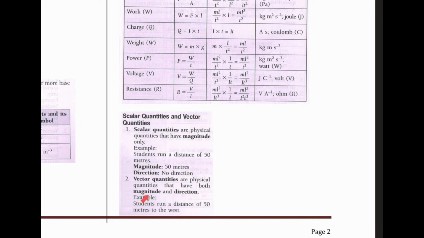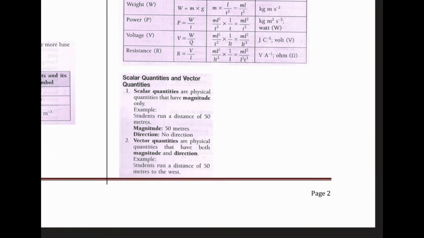So it has both. So for example, students run a distance of 50 meters to the west. So in this case, when they state the directions together with the magnitude, we call this displacement.